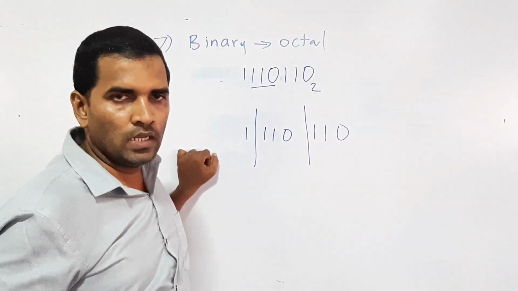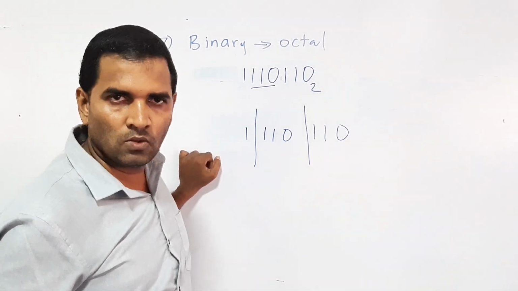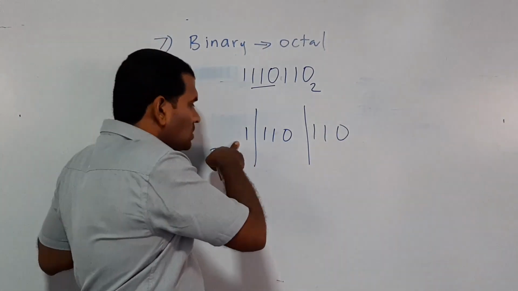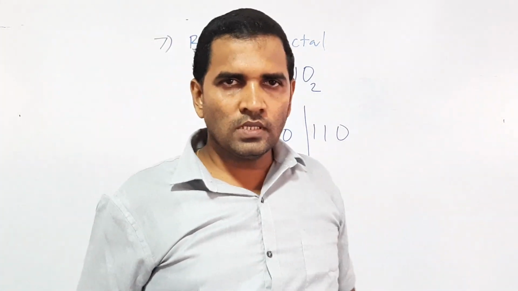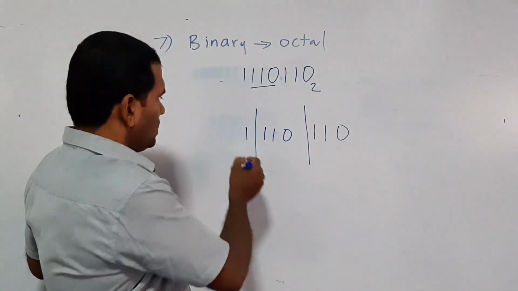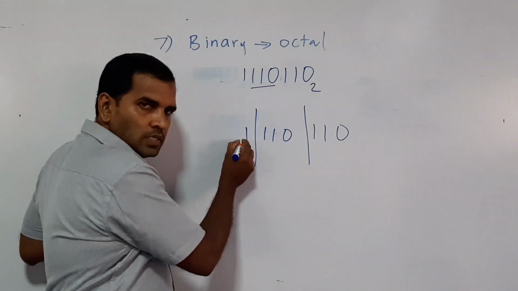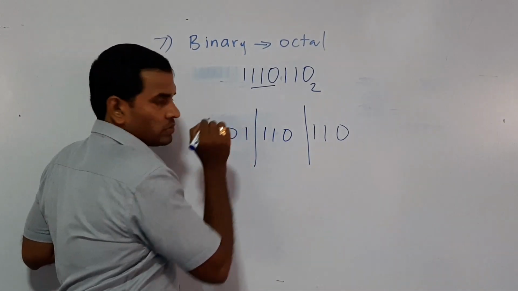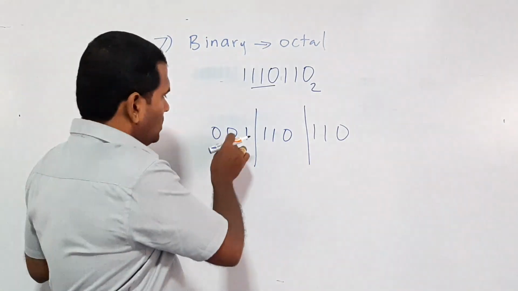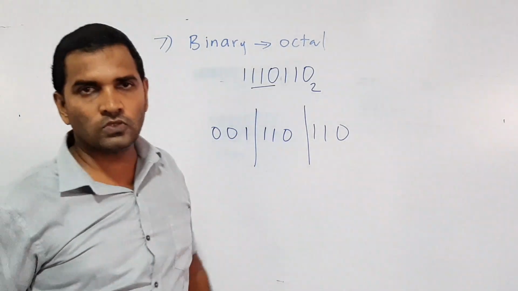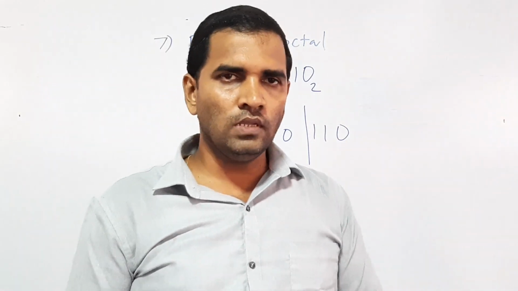By using one binary digit, you cannot represent an octal digit. So here also we have a problem, but that problem can easily be managed, because if you want three digits, let's add two zeros. Now look at them, you have three digits. At the same time, you all know that two zeros in front do not have any value.